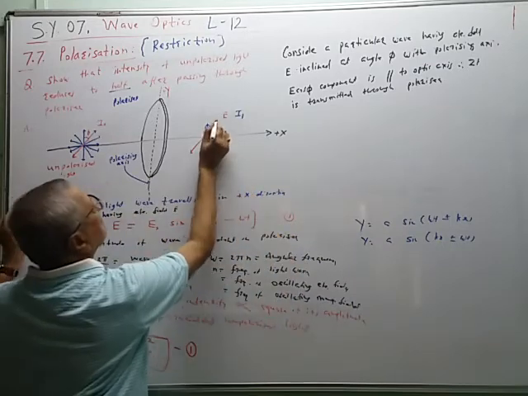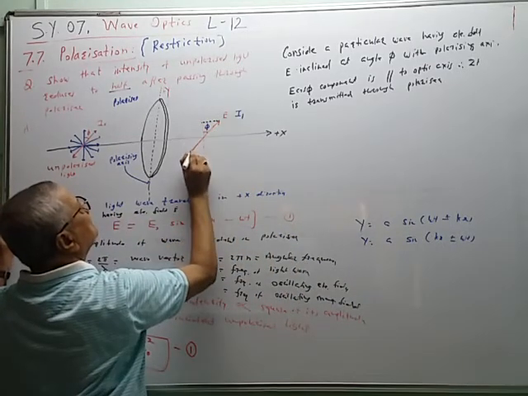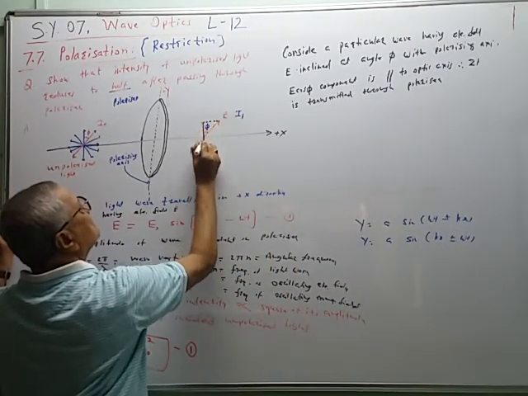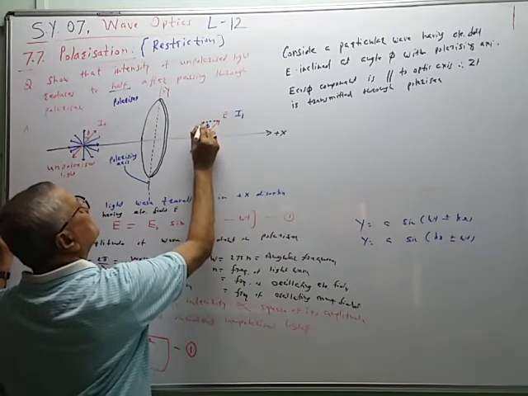So I will show you. If you draw a perpendicular, then this component is E cos phi.